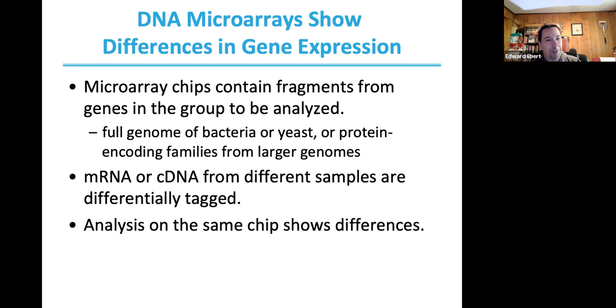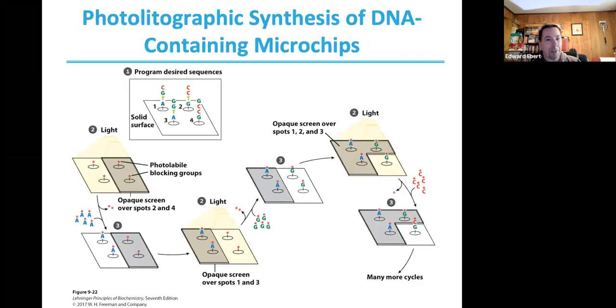And we can also take pieces of the entire genome of bacteria or yeast and fit them on a single chip. We're getting close to doing that with, like, say, higher eukaryotes, but we have these differentially tagged either mRNA or cDNA pieces in here, and then we can analyze the chip. Take an extract, pass it over the chip, see what binds there, and we can show differences in expression patterns.